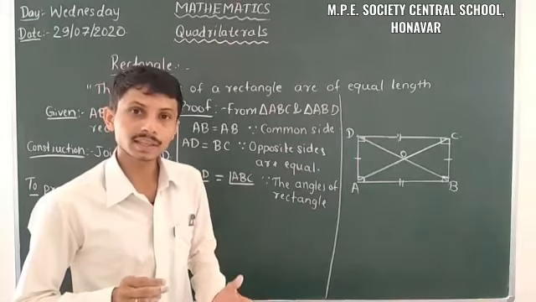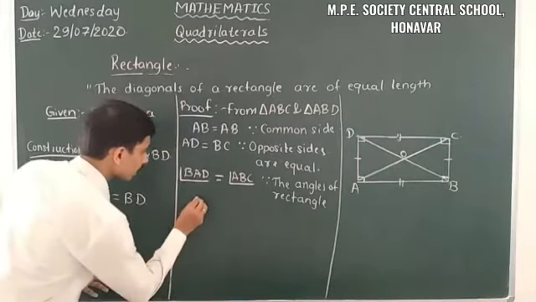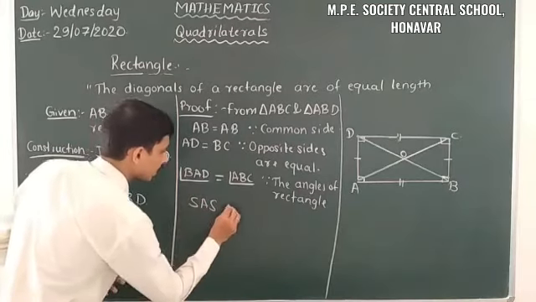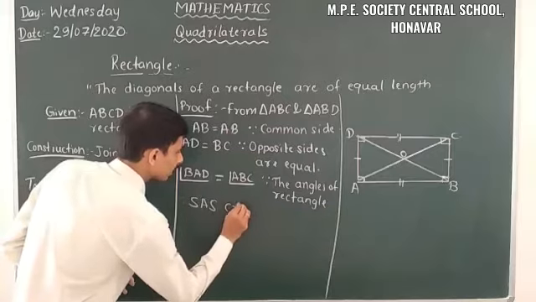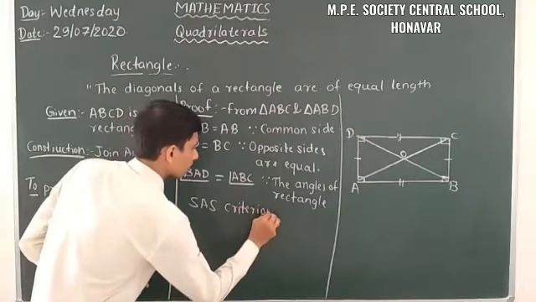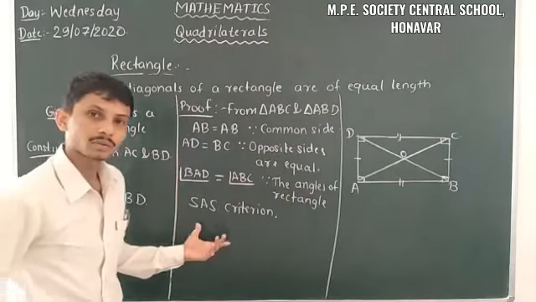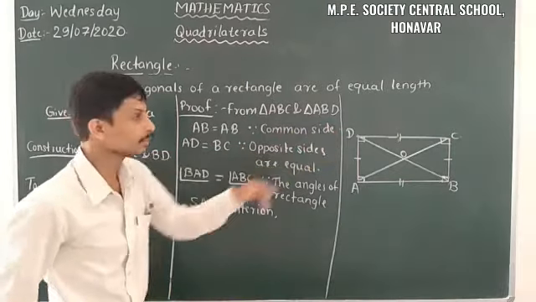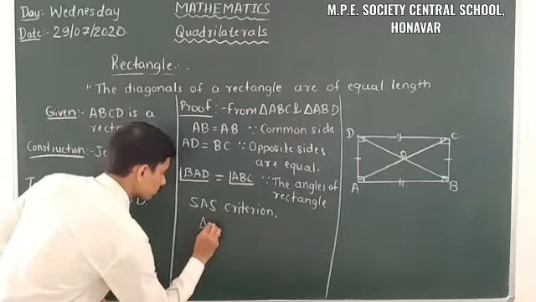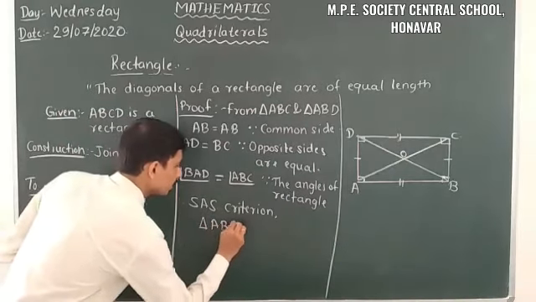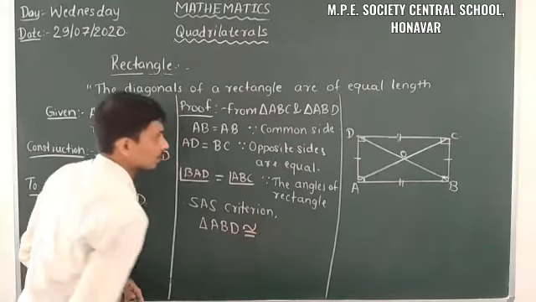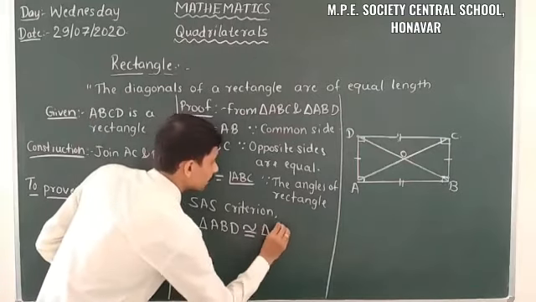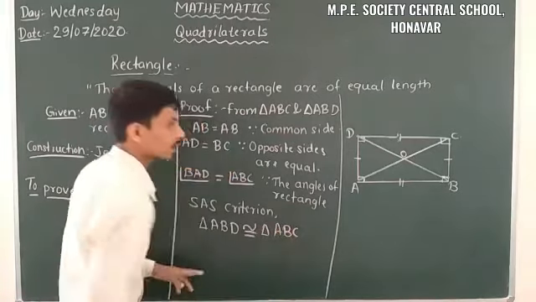So from the side, angle, side criterion, what conclusion do you come to? These two triangles are one and the same, that is triangle ABD is congruent to triangle ABC.